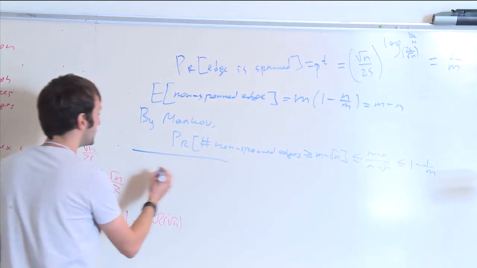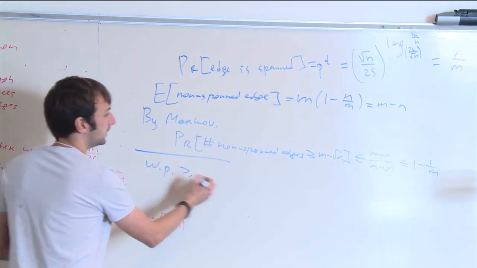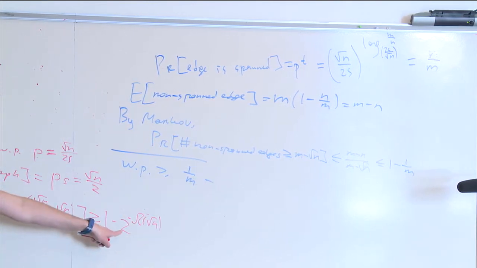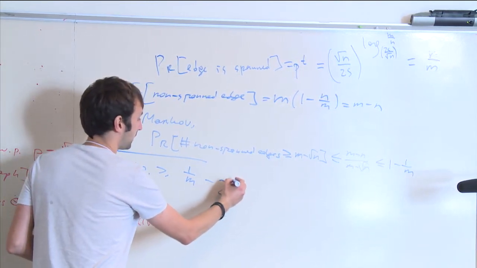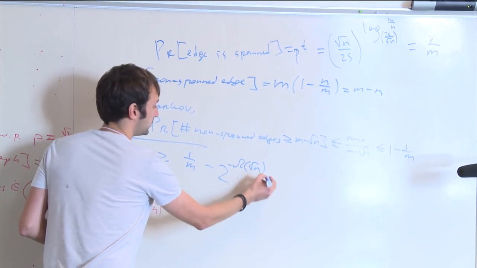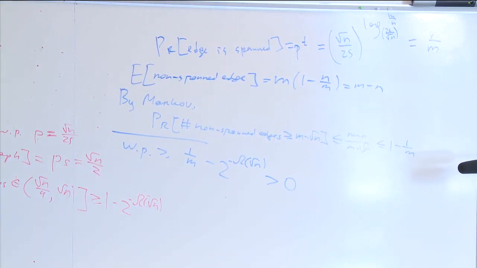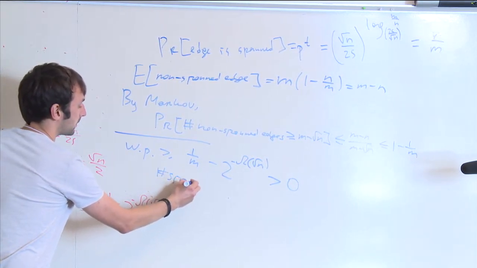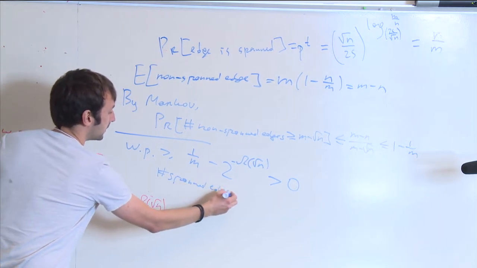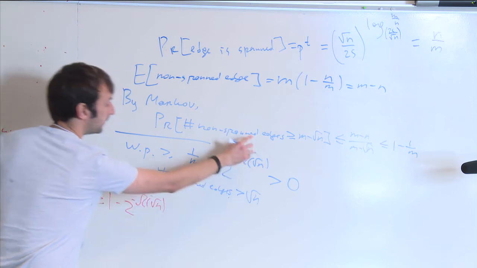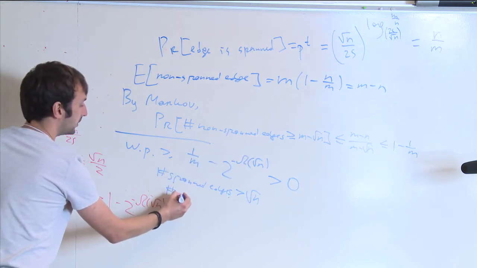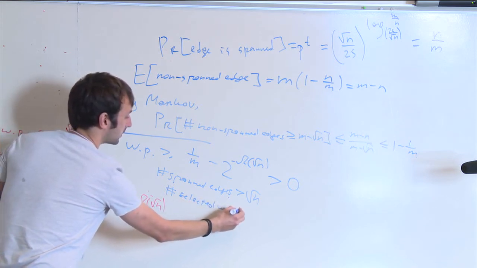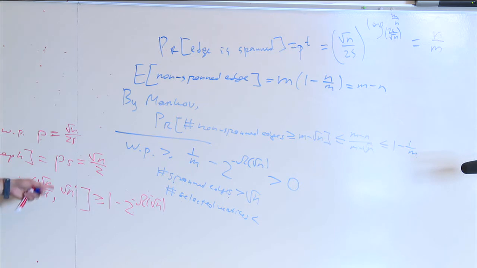With non-zero probability, with probability at least this 1 over m minus whatever Chernoff gives me, which is still non-zero, I have that the number of spanned edges is greater than square root of n, and the number of selected vertices that span them is at most square root of n.